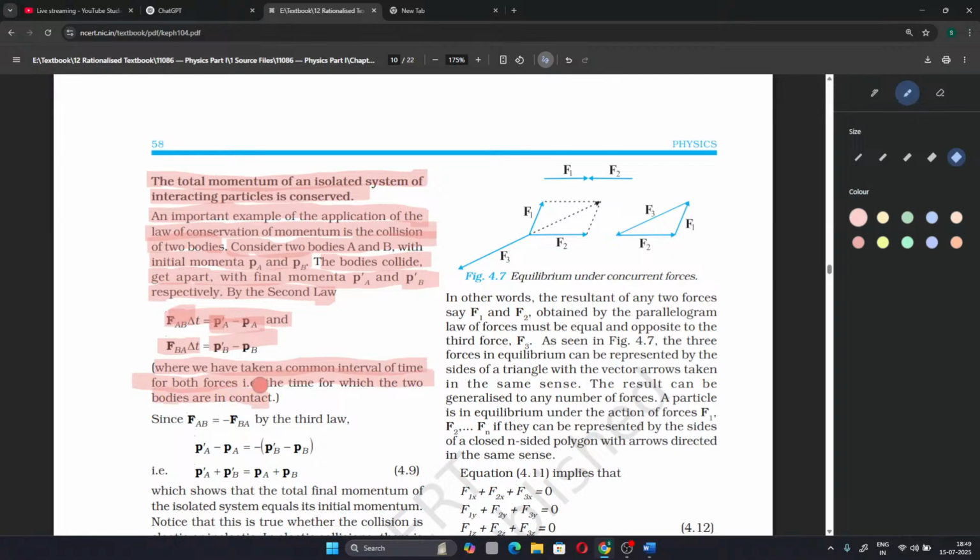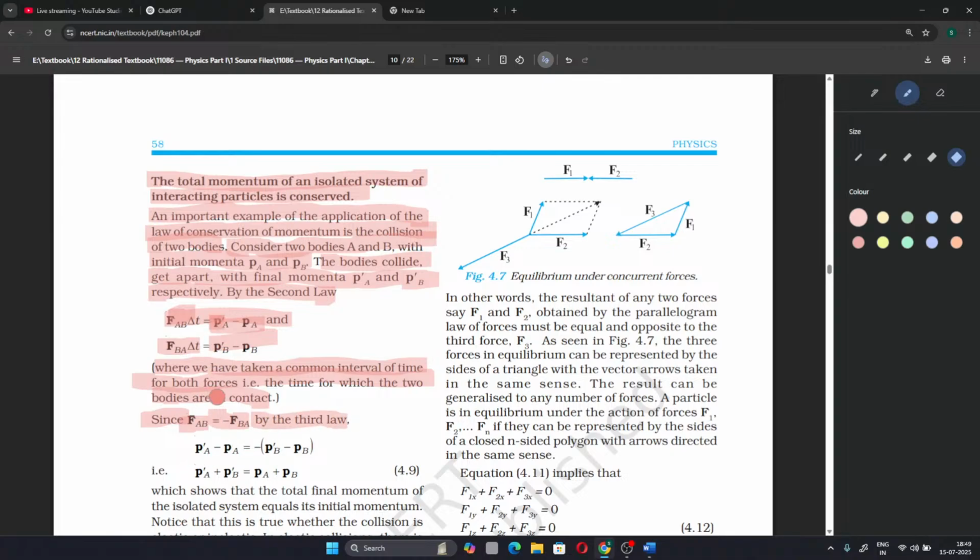Because we are taking two bodies here, the time for which they are in contact will of course remain common. And according to Newton's third law, the force on A due to B is equal and opposite to the force on B due to A.